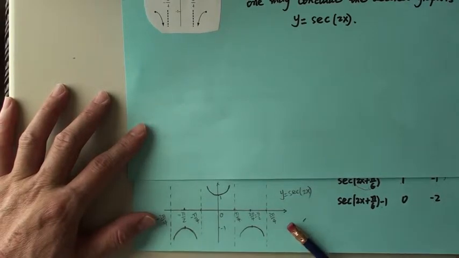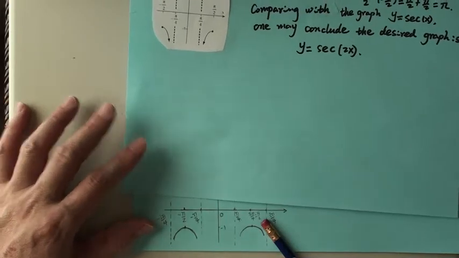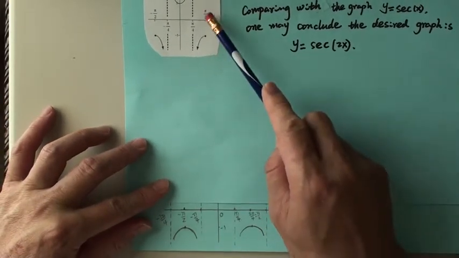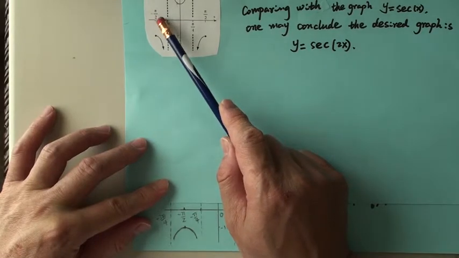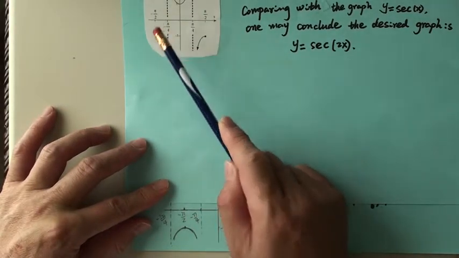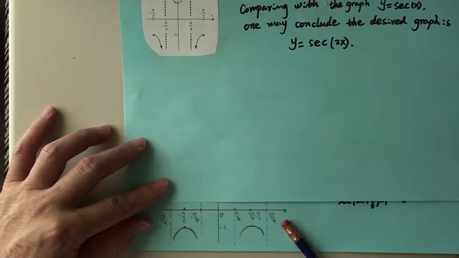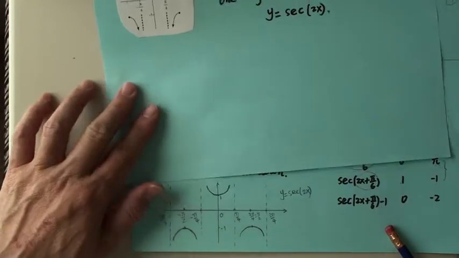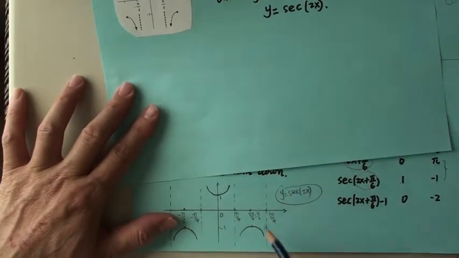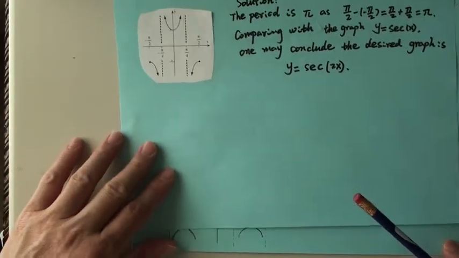Down here we have pi over 2, and over there is also pi over 2, and here is negative pi over 2 for this one. So basically this function is the one we had before, y equals secant 2x.